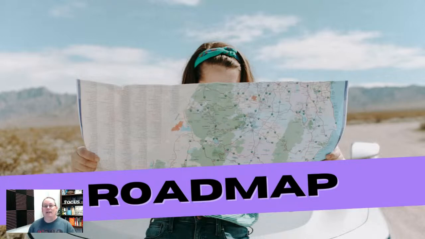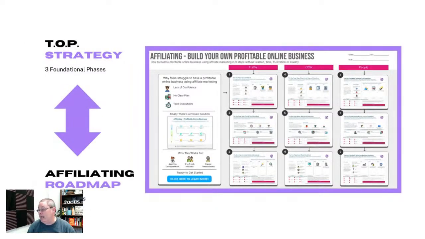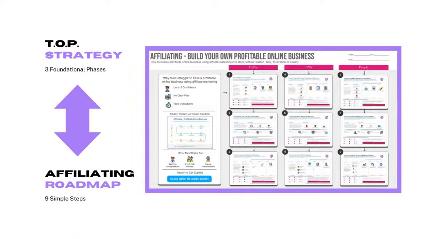If you want an analogy there, it's escaping a 9-to-5 or building your own online business. And again, the roadmap here is a combination of the top strategy and what I call the affiliating roadmap, which is made up of 9 simple steps.